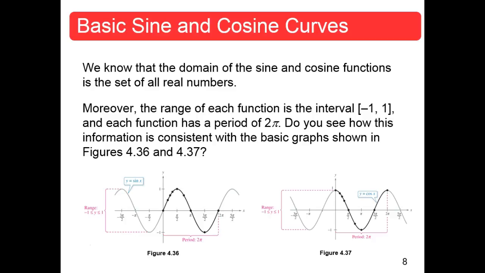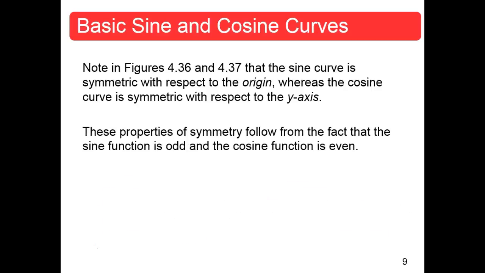It's an odd function because f of minus x is the opposite of f of x. So what would the cosine function be? Even, because f of minus x is the same as f of x. Okay? So that's an even function because it reflects across the y-axis. And sine's odd because it reflects across the origin.